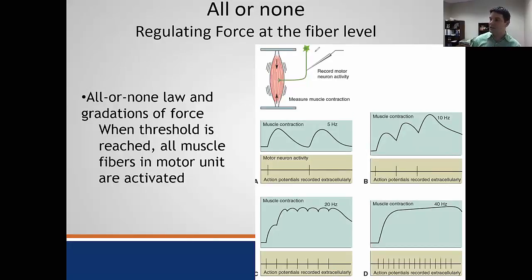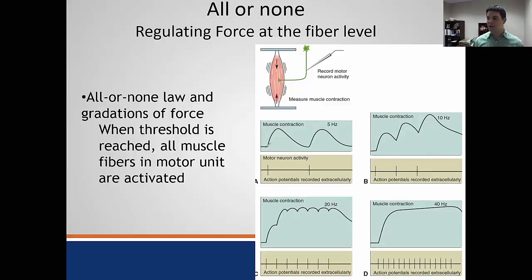The way that this is studied is by using this picture, which is out of your book, taking a muscle and putting it in a bath where we can either stimulate it with the nerve or directly stimulate it in the bath. We can look at the force generated by this muscle by putting a force transducer here at the top and fixing it at the bottom, so that it pulls across and tells us how much force that muscle is generating.